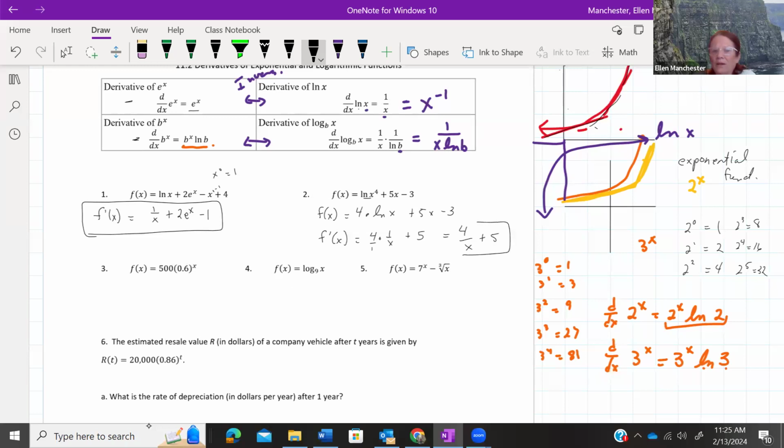And that is my derivative. Okay, so sometimes you have to peel your exponent off when you're looking at the ln. Just peel it off and put it to the front, and then you can go ahead and do the normal finding the derivative.